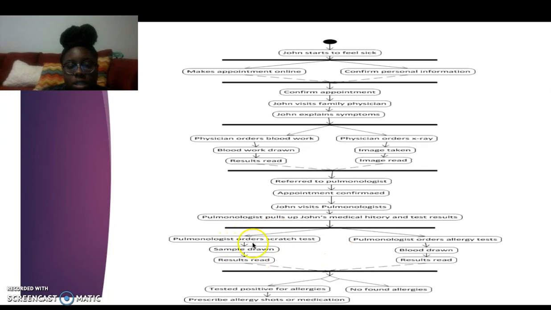So the sample is drawn for the scratch test and the results are read, and then the blood work is drawn and then the results are read, because it could be something where the lab has to draw this blood, but with the scratch test maybe John's nurse could do it, so they would come back at two different times.